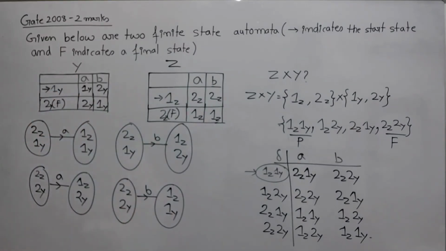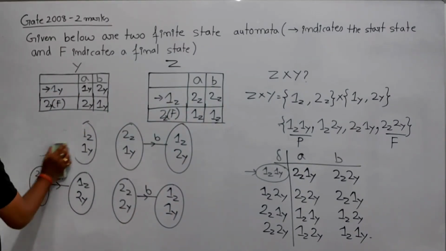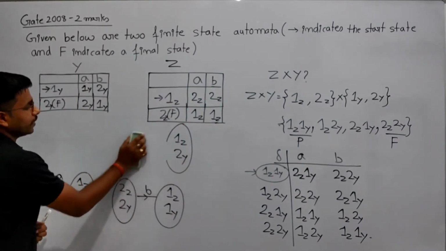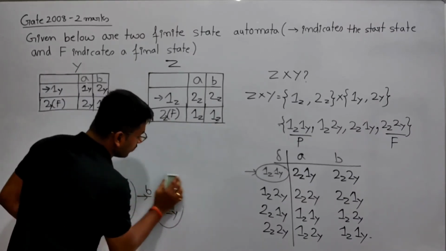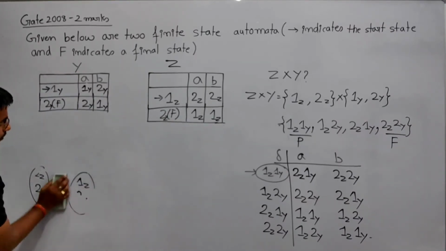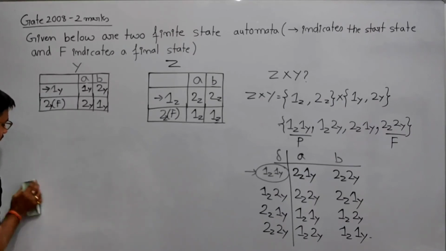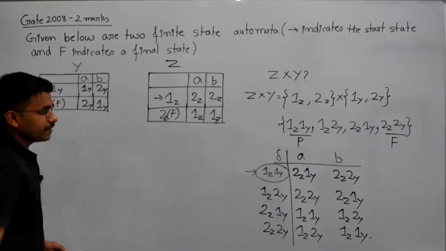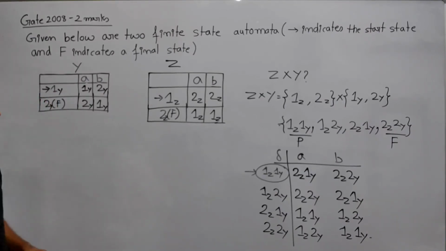Now in terms of P, Q, R, S, we will write it as the options are using PQRS. So if you see the options, P they are indicating as the initial state and R they are indicating as the final state.